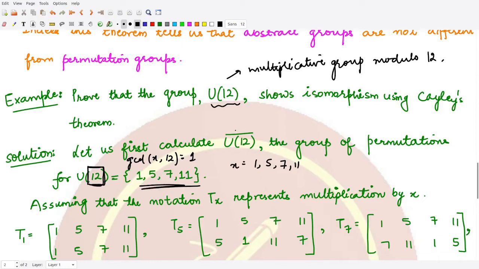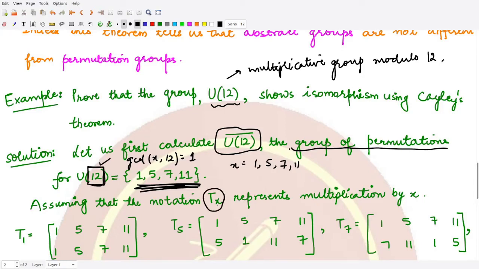Now for notation, this U12 bar represents the group of permutations from the group elements of U12 only. So how may we represent the elements of U12 bar? Let's have a look. They are basically the permutations, and the notation that we are using is T subscript x, right?